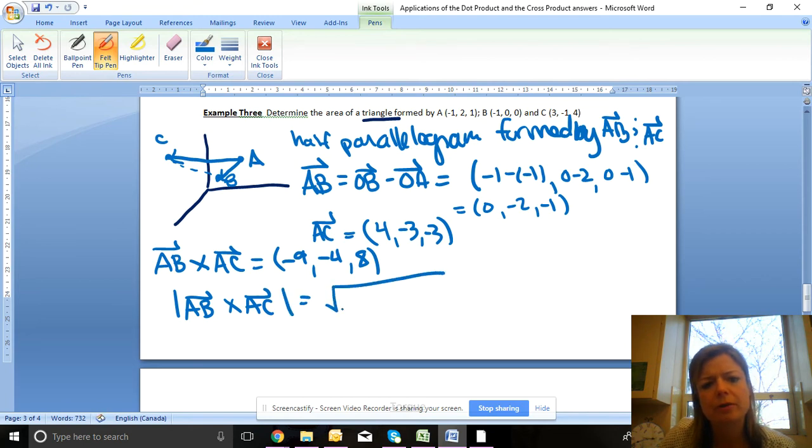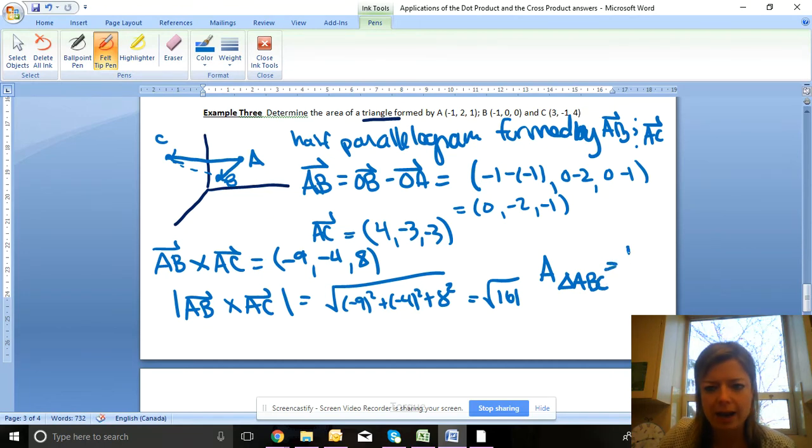So the square root of -9 squared plus -4 squared plus 8 squared, and that equals √161. So then the area of the triangle ABC is half of √161, which is approximately 6.34 units squared.